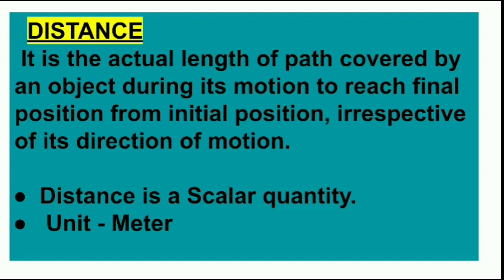Okay. Now, distance is a scalar quantity, because we know scalar quantity is a physical quantity which has magnitude only. Distance has magnitude only. It doesn't have direction. That's why distance is a scalar quantity. And the distance is the actual length of path covered by an object.